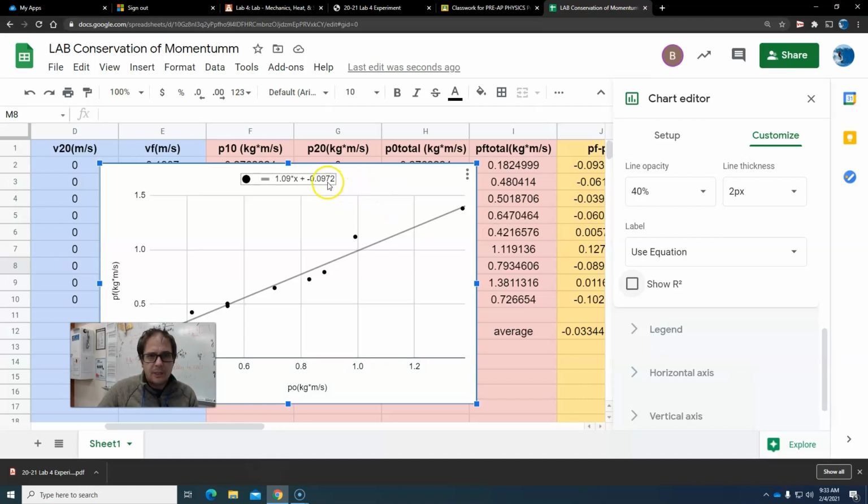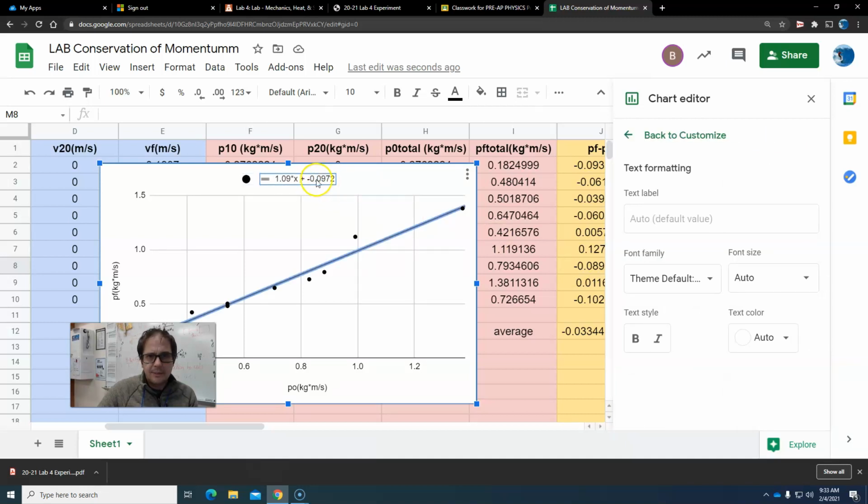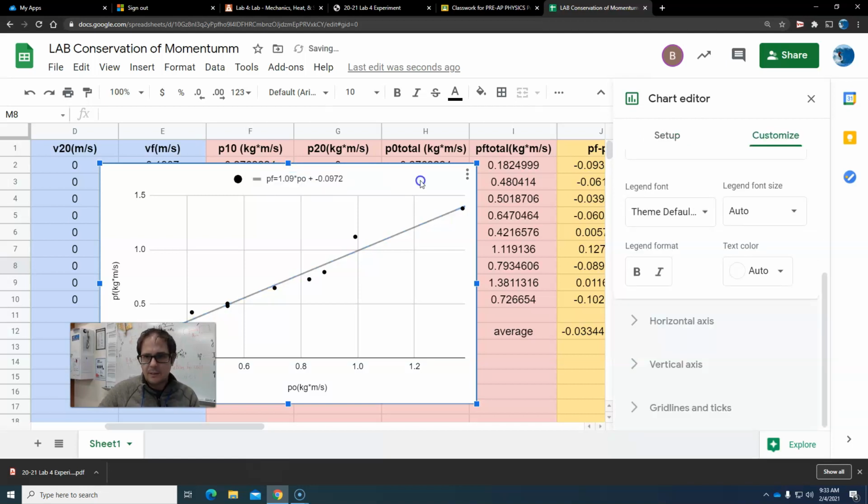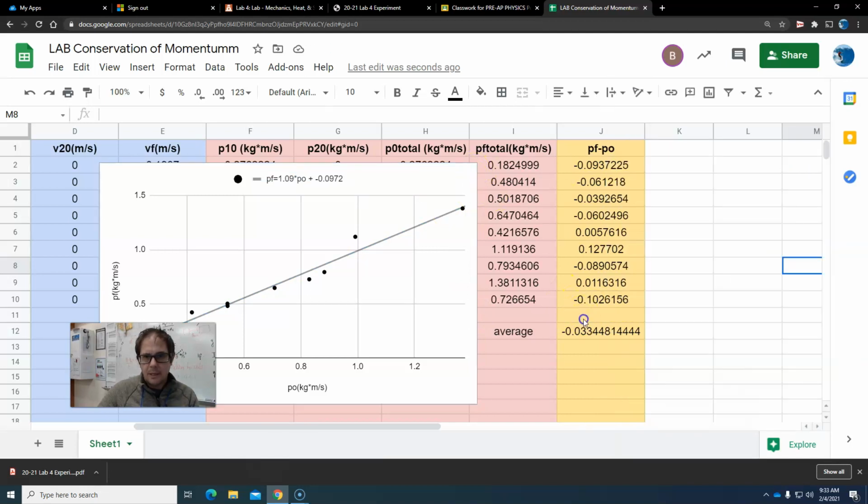If you double click over here the equation, you can edit it and you could put what this is. This is Pf equals 1.09 P initial. And I think this is now complete. Because I'm going to be adding more data, I will put the average over here.